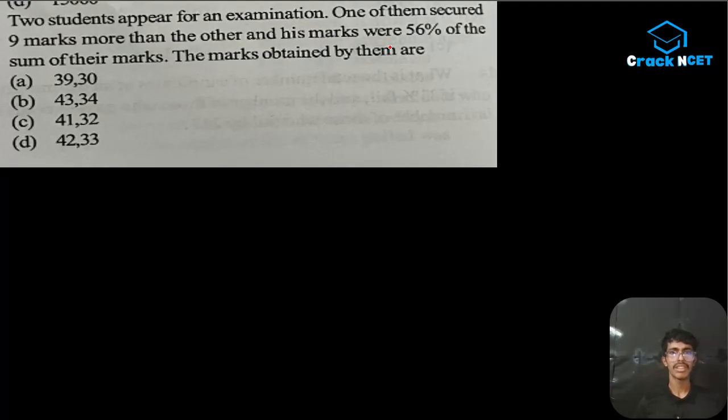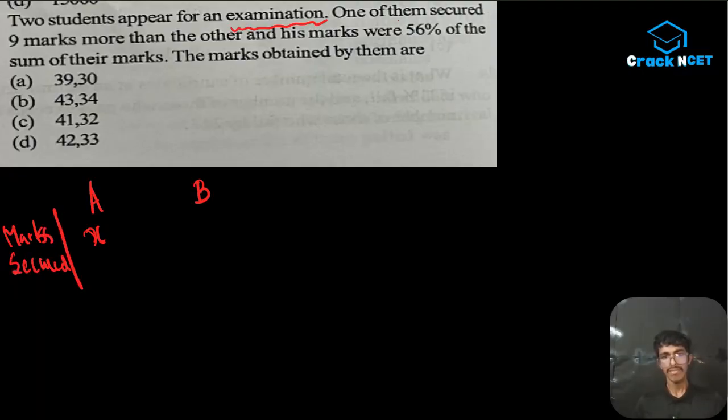Okay? Two students appeared for an examination. One of them secured 9 marks more than the other. Let him have secured X marks.